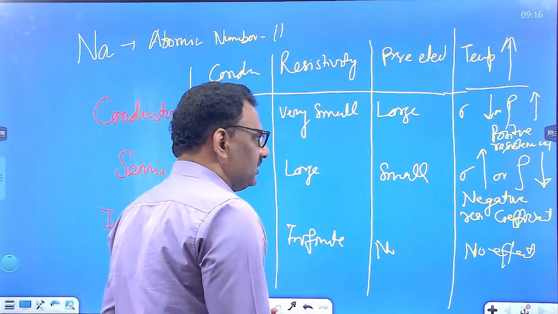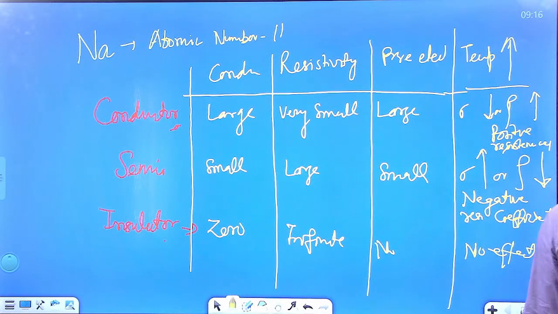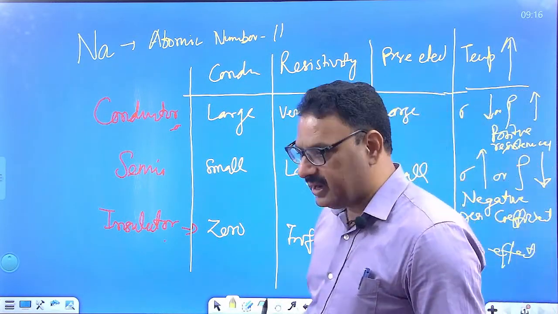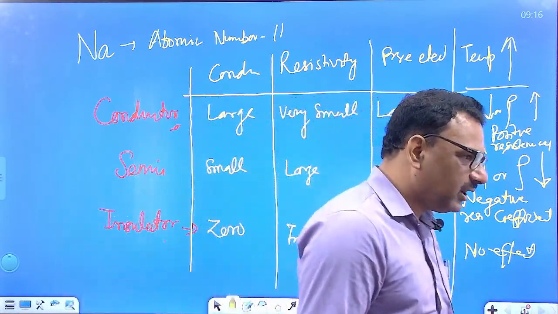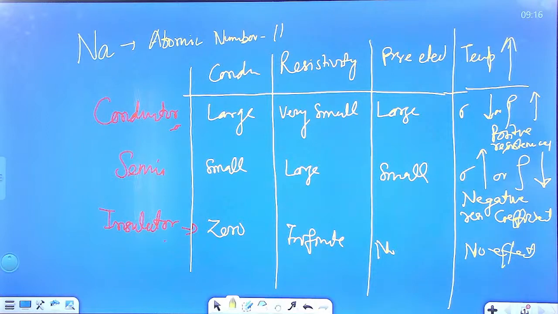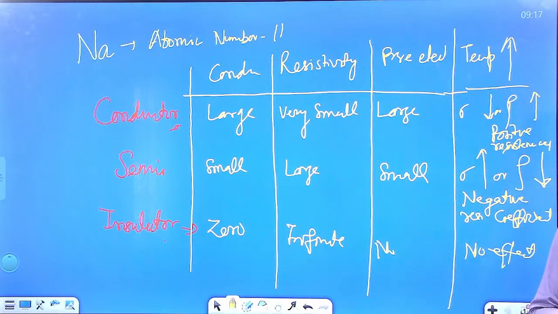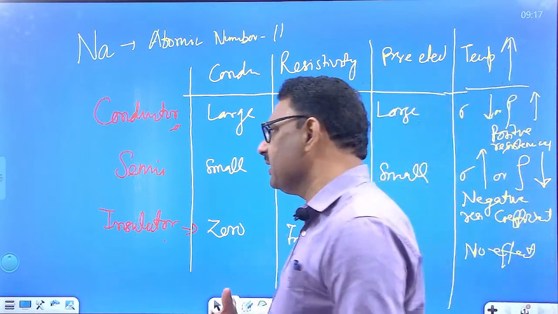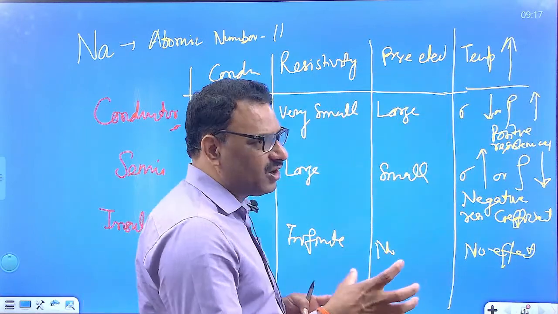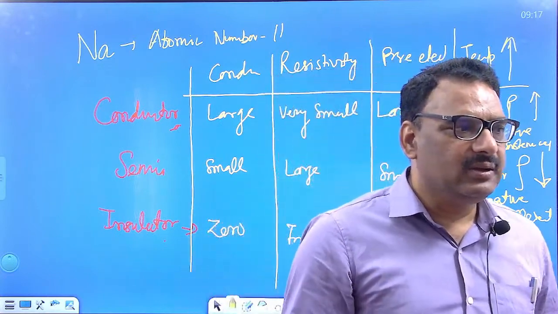Free electrons will increase, but conductivity will decrease. So why do we have this? If you increase the temperature, the electrons are becoming free, the number of electrons will increase, but along with that, the atoms that are vibrating will have increased amplitude. So the total average effect of temperature is that the increased number of electrons will be hindered by the vibration of atoms, because the amplitude of the atoms increases.